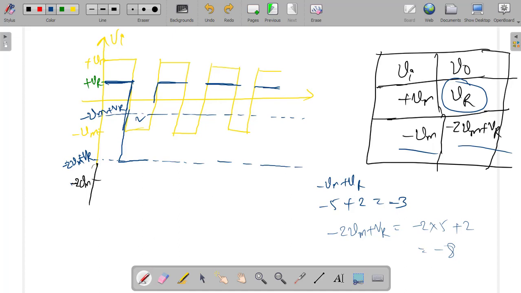Whenever Vi is equal to minus Vm, V0 will be equal to minus 2Vm plus Vr. This is how you will get the output voltage.